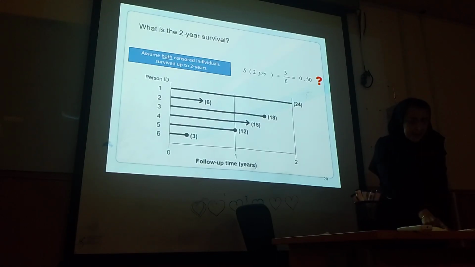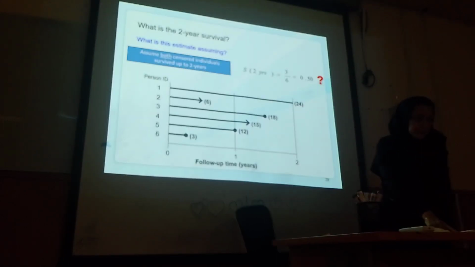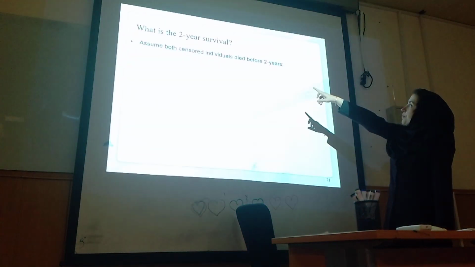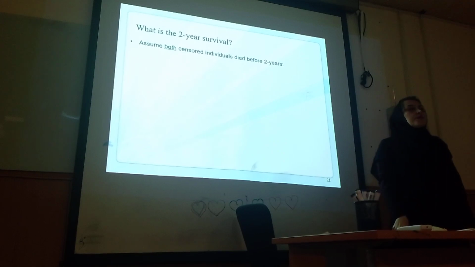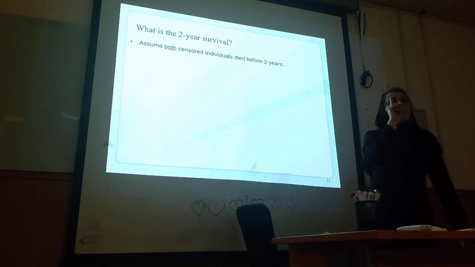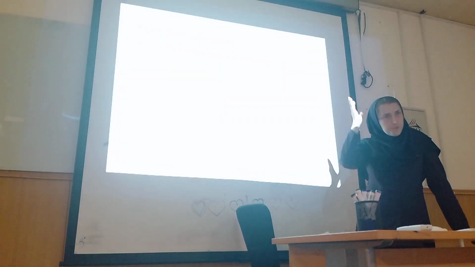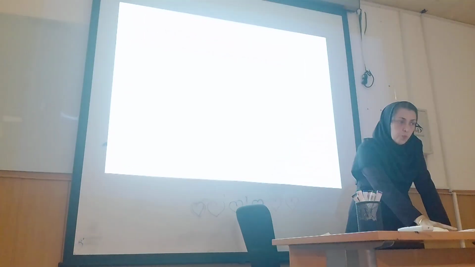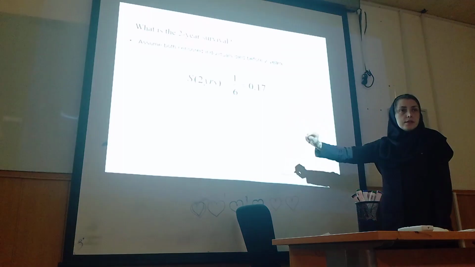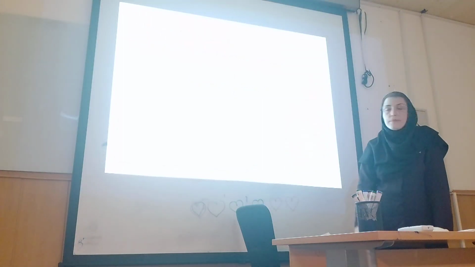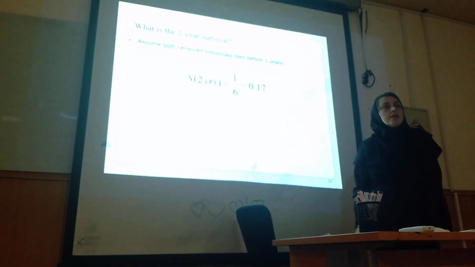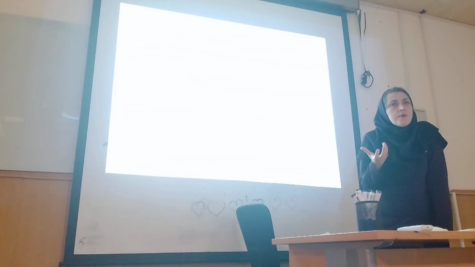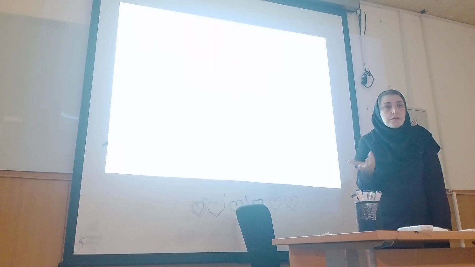The other assumption is both censored died before 2 years. It means just 1 survived up to 2 years. The survival would be 1 divided by 6, which means 17%. But what is the correct answer? We don't know.